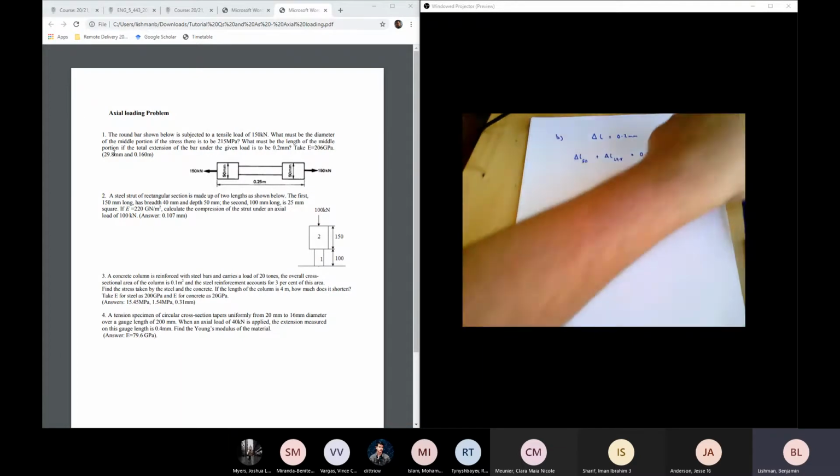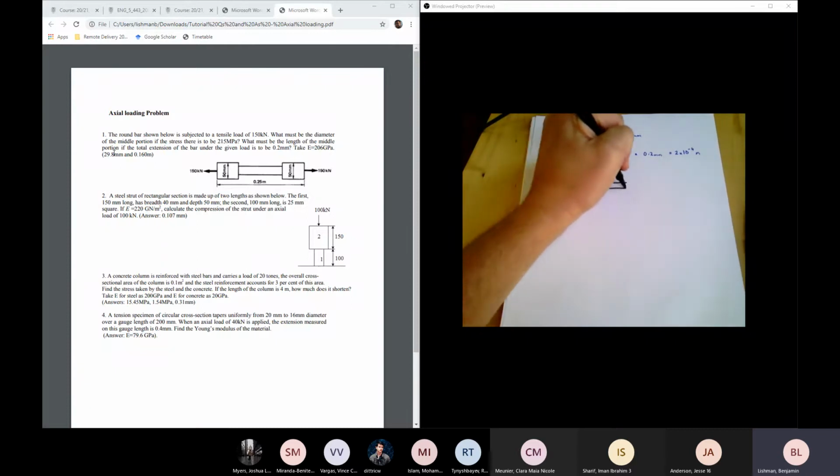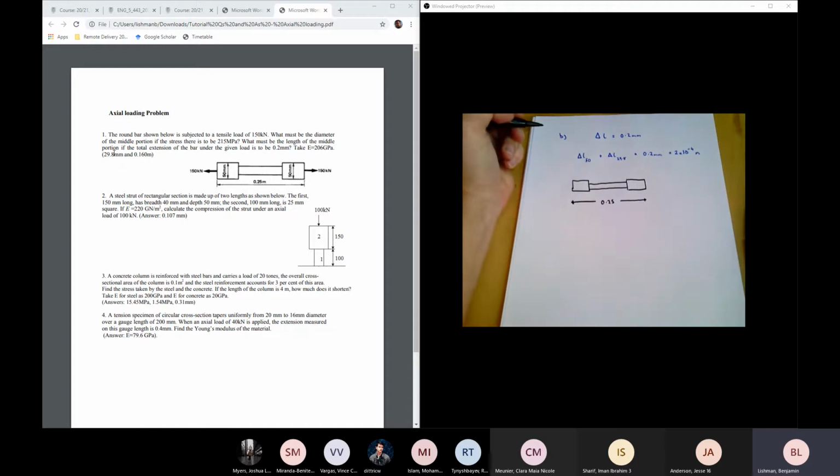It might just be worth at this stage drawing the diagram quickly again, because we might want to mark on a couple of other lengths. This time I'm just going to draw it pretty simply as a two-dimensional object, and we know that that length is 0.25 meters.